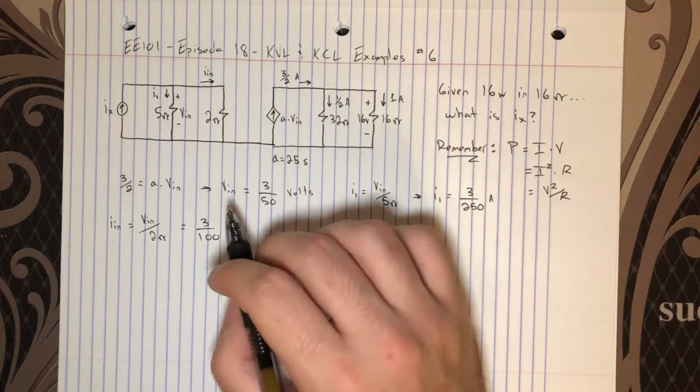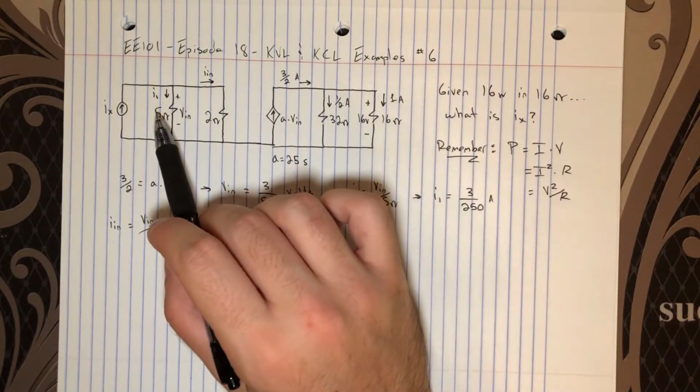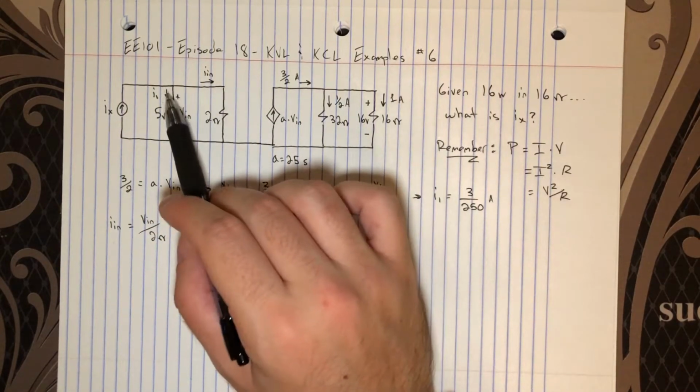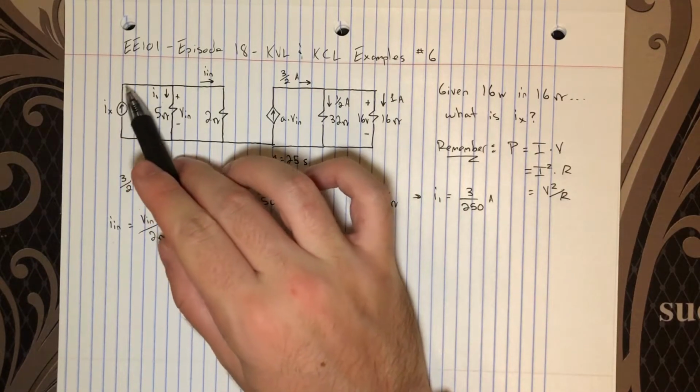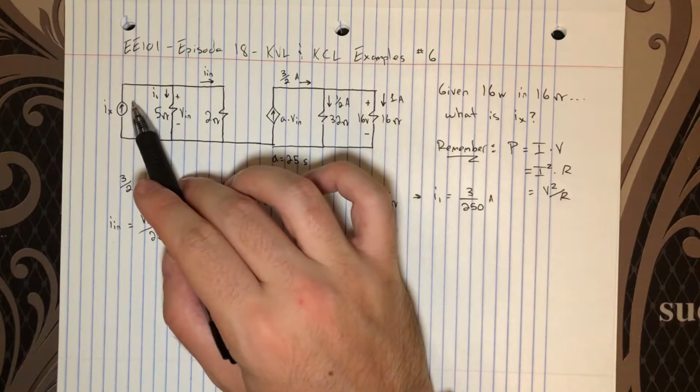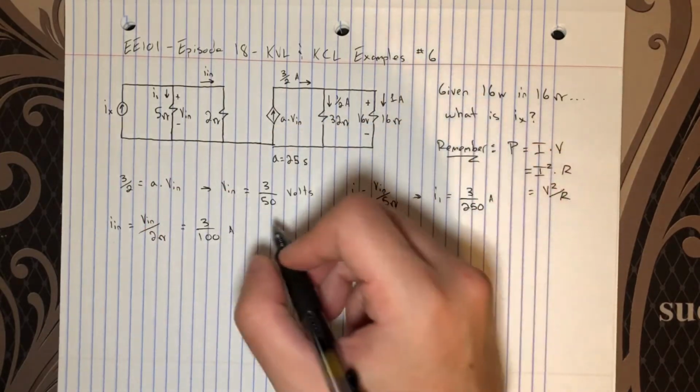Okay, now by a KCL, I know that the currents leaving this node, I1 and In, must be equal to the total current that entered that node at Ix. So Ix will just be the sum of these two.